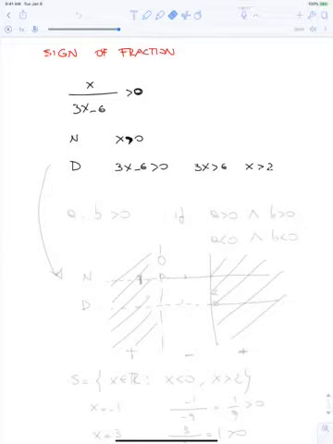Now remember, if you have a times b greater than 0, this is going to be true if a is greater than 0 and b is greater than 0. Let me use a more mathematical notation here.